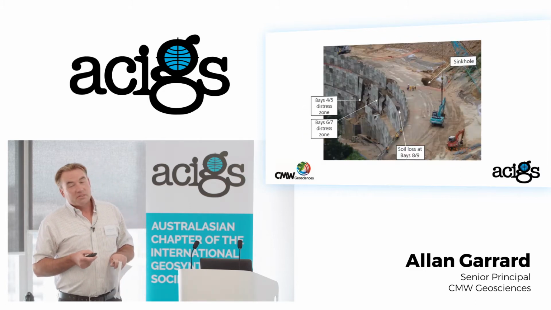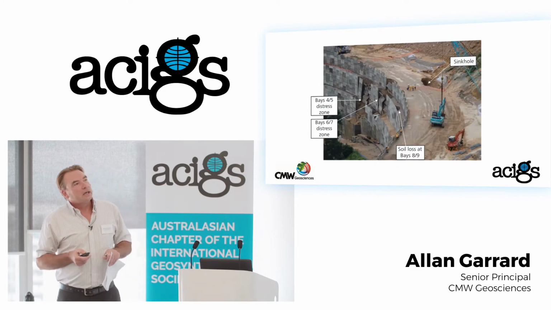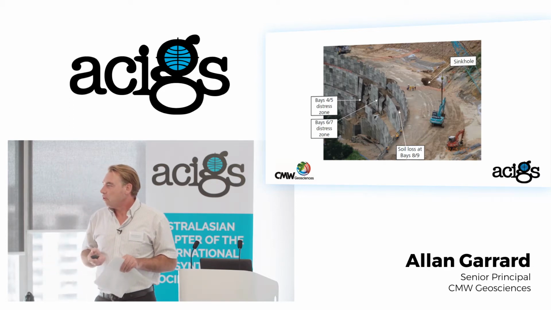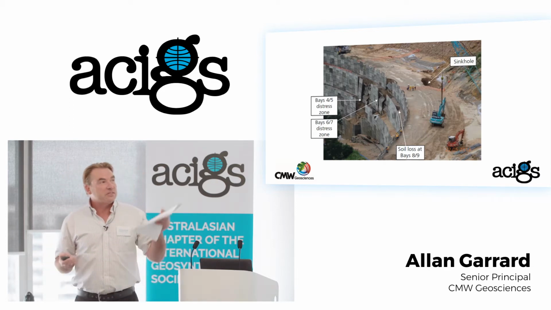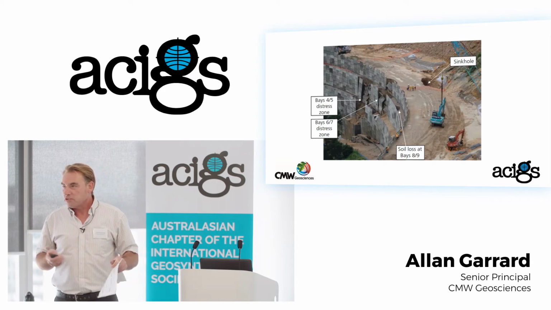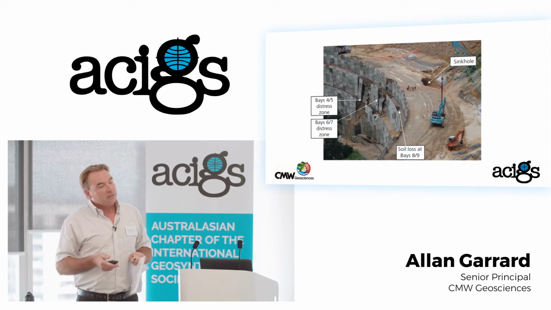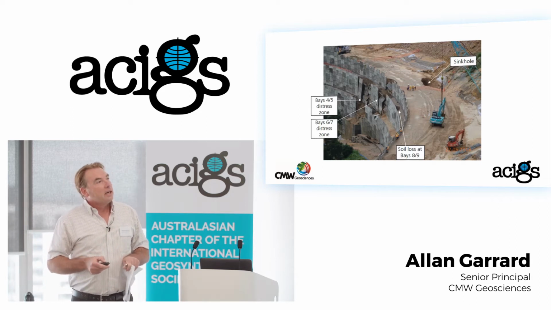This is a recent one from Hong Kong, and it's a combination of construction issues, because this has failed during construction, and water issues. So what happened, if you read the paper, was that there's a drain down the back of the wall, which is good practice.